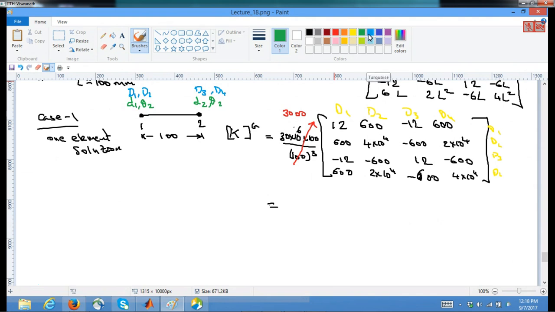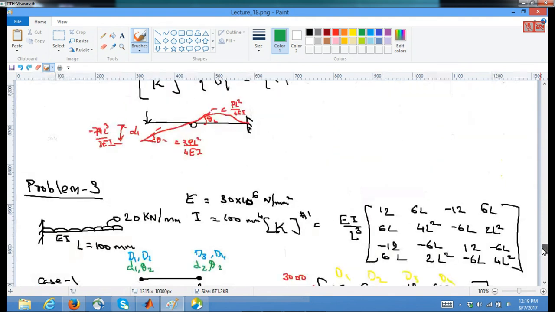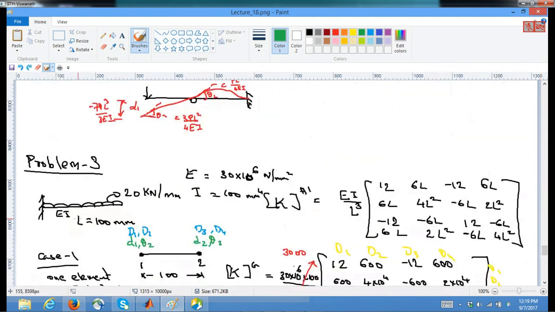To apply the kinematic boundary conditions, we need to know how the beam looks like. So the beam here is fixed at this place. That means d1 equals 0, and theta 1 equals 0. Hence capital D1 and capital D2 are equal to 0.